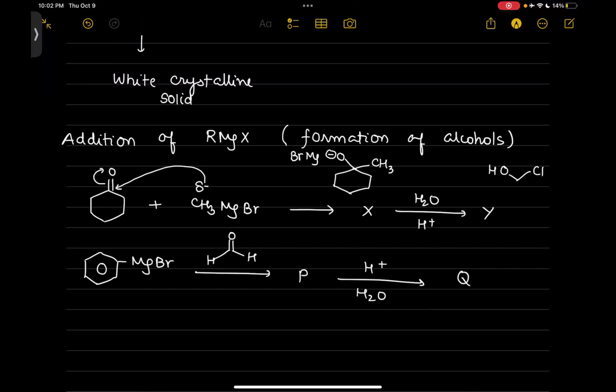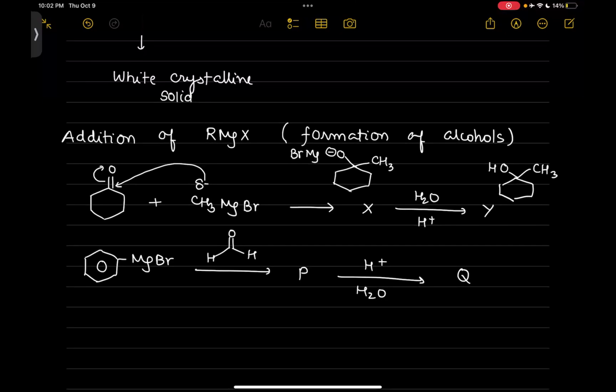I told you that ketones upon addition of Grignard will give you tertiary alcohol. I hope you remember it. If not, no problem. This is the question which can make you understand.